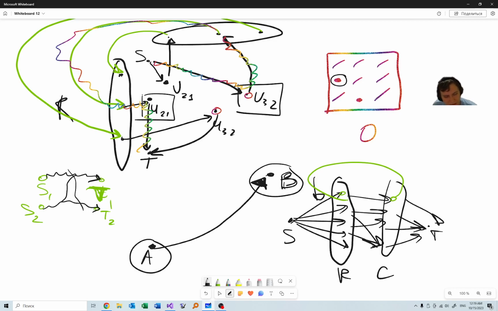Maybe it intervenes here, but still the flow coming from S2 should be equal to the flow coming to T2, and the same for S1 T1, and the same for all other pairs. Is it possible to solve this problem of maximizing maximum flow with assigned pairs of sinks and sources? Or it's not really possible to do?